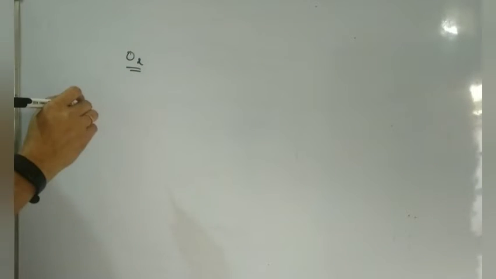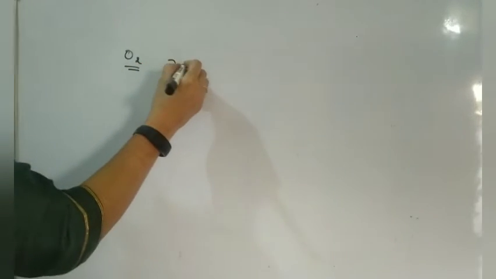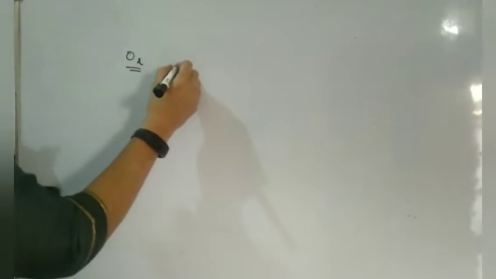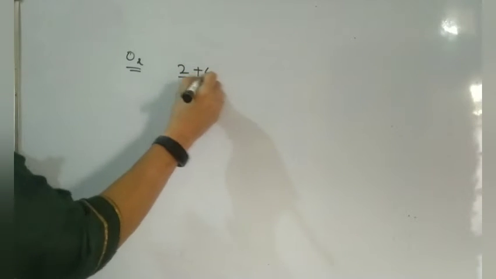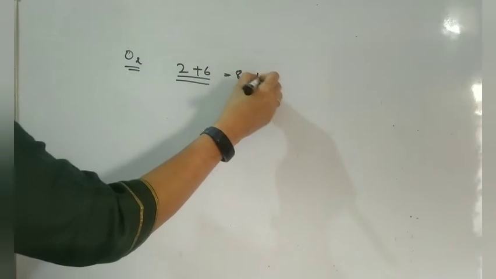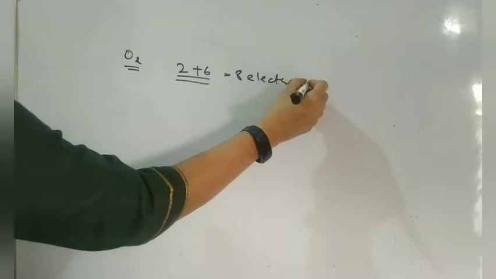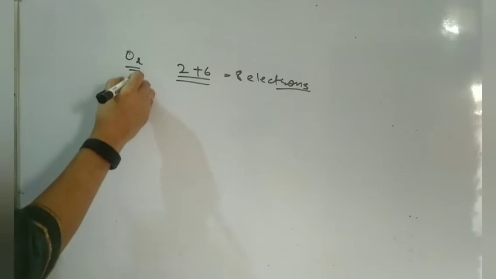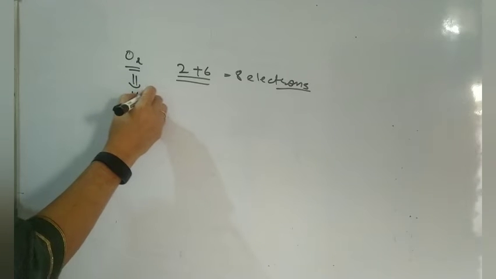O2 molecule. Oxygen has a number of electrons 2 plus 6, that is equal to 8 electrons. So the total O2 molecule will have 16 electrons.